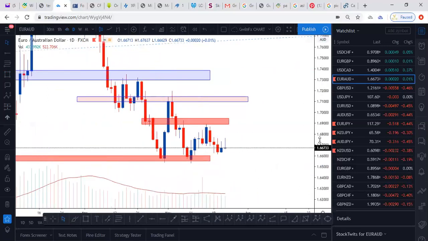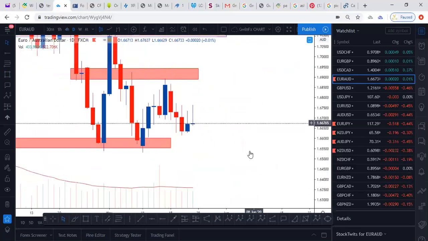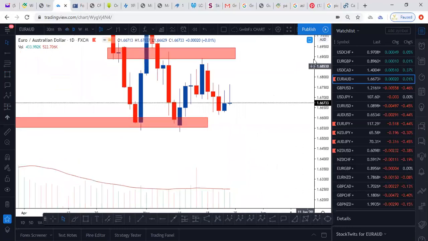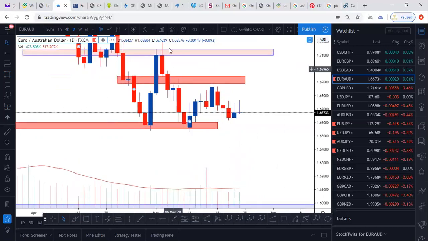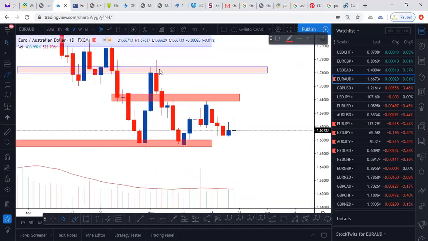If you know your candlestick formation properly, you understand that this was a downtrend from this high down to here, and we had this candle here forming.